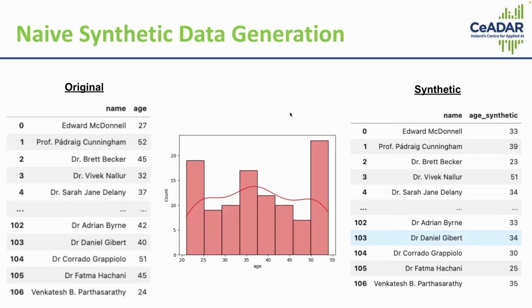One naive way of doing that is to create a histogram of different ages in the dataset, of all the ages in fact, and then to sample from this histogram. So the counts here become the probability of the ages. Like from ages 50 to 55, you would have the highest probability of outputs.